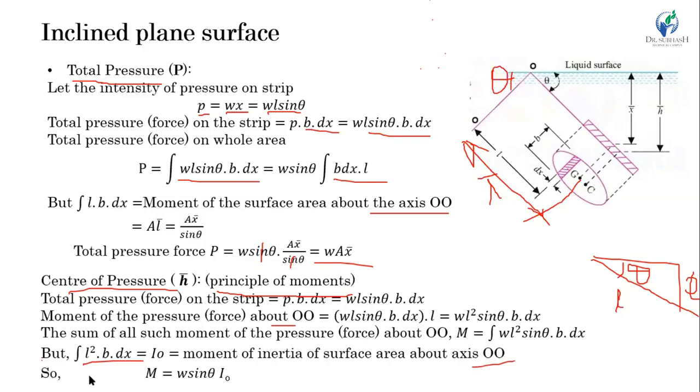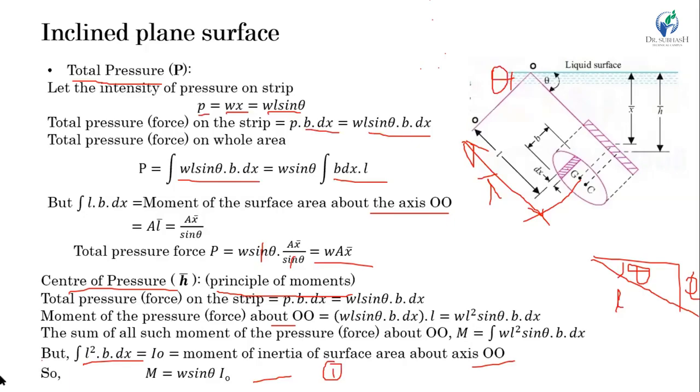So M equal to W sin theta into I0. It is the total moment, or the summation of the moments of all such components, with respect to OO. So let's give it equation number 1.